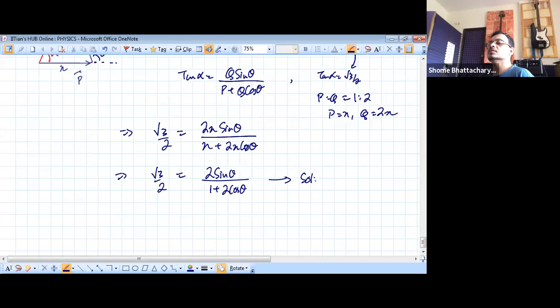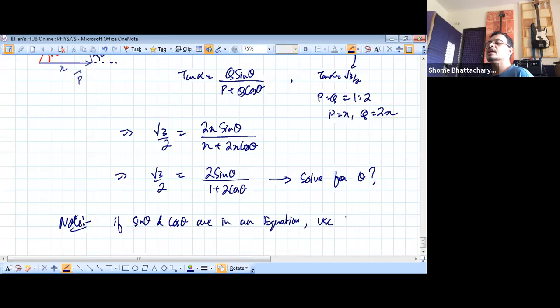Now we have to solve this for theta. Whenever sine theta and cos theta are both in an equation, use the identity sine square theta plus cos square theta is equal to 1 to solve. So let's make use of that identity.